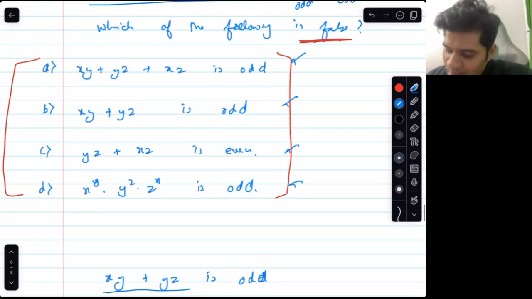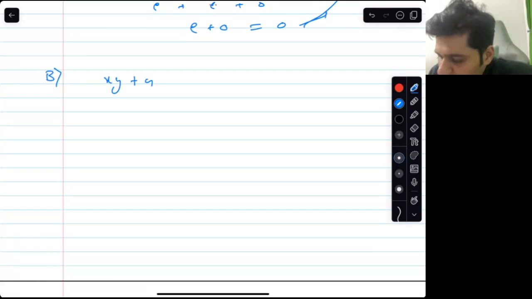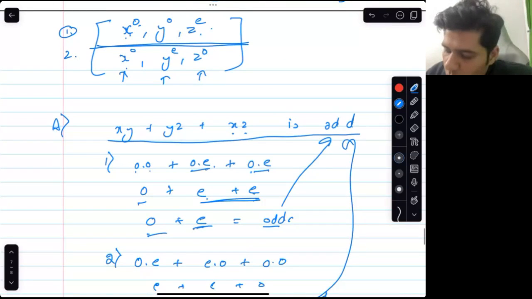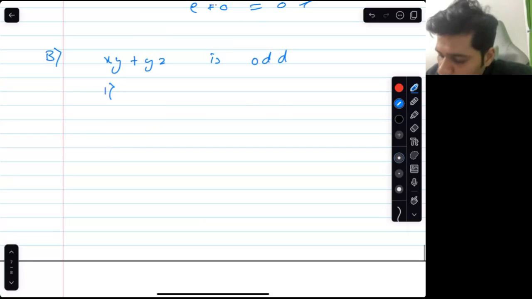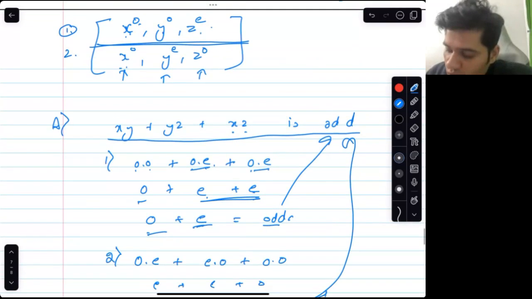Okay. B. They say xy plus yz is odd. Alright, let's try. Case 1. I'll use the case 1. Odd, odd, even. So odd into odd plus odd into even. This is odd plus even equal to odd. So that is what they said. So it is correct. Or I can use the second case. Odd, even, odd.